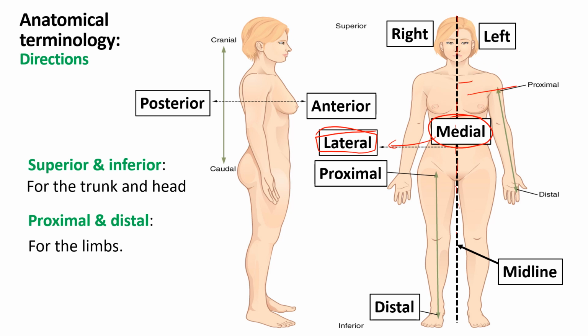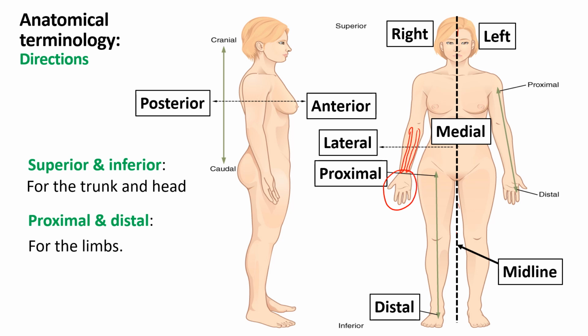So how do we apply these, or how do we ask this in the exams? Let's take bones as an example. We have here in the forearm two bones. We have the ulna and we have the radius. Now remember that this is always based on the anatomical position.